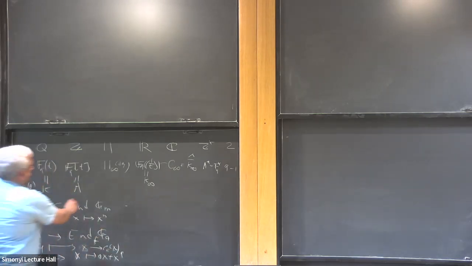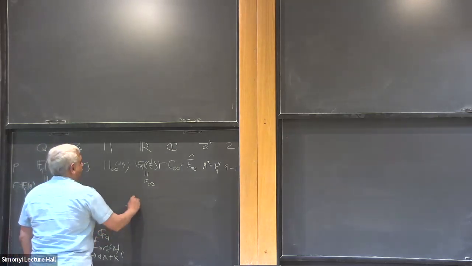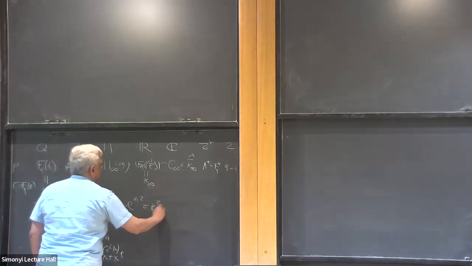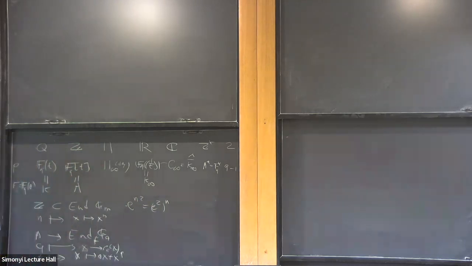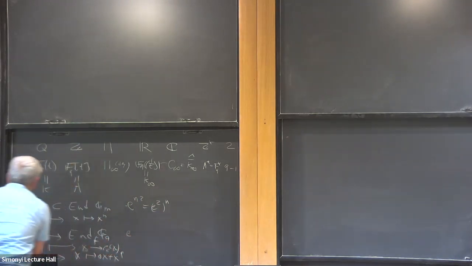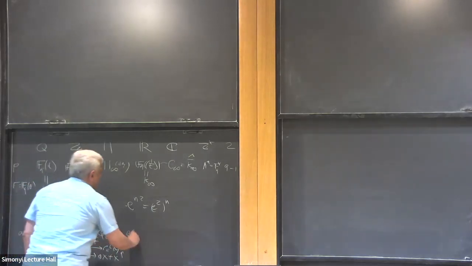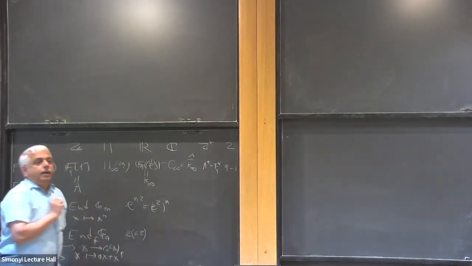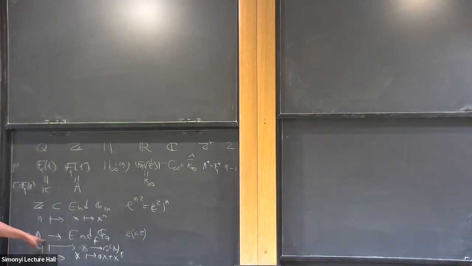And just like for the nth power map you have the exponential, where e to the nz is e to the z to the n, we have an exponential for Drinfeld modules, which satisfies, for every a in A, where a is an element of the ring like the integers, F_q[T].